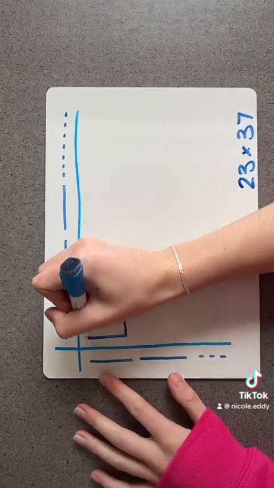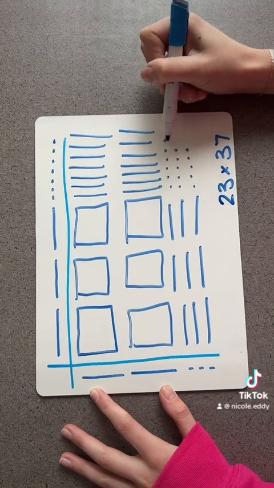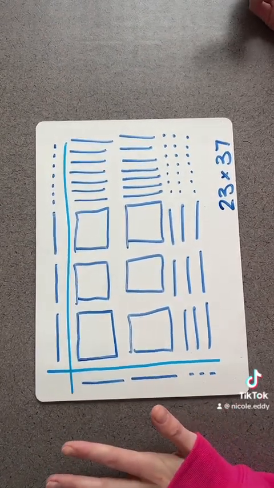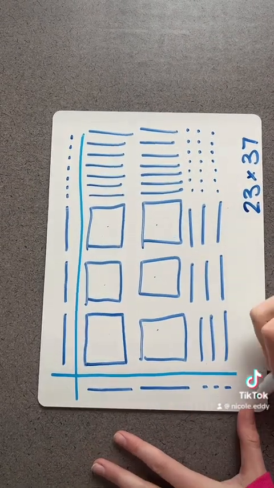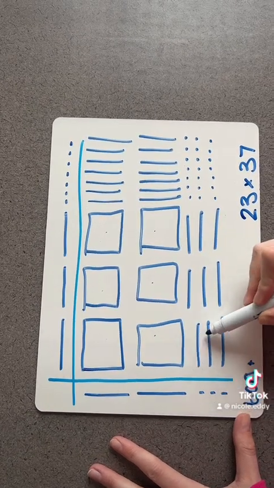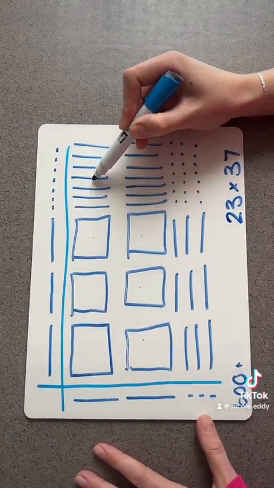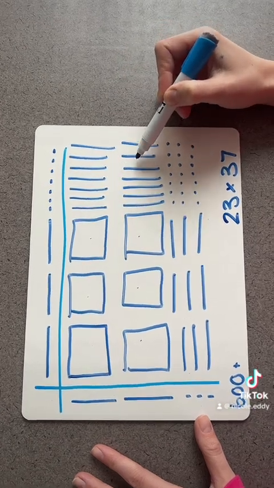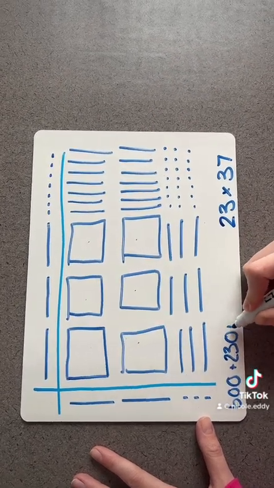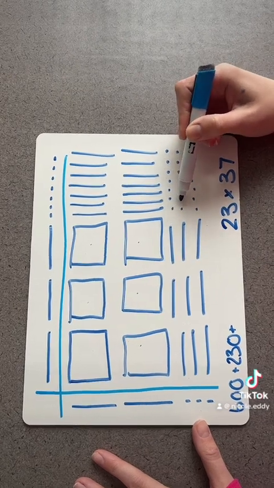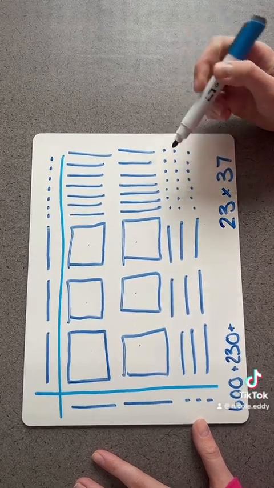So now if we count them out, we'll start with our 100s. 100, 200, 300, 400, 500, 600, plus 10, 20, 30, and so on up to 230, plus the ones, 1, 2, 3, up to 21.